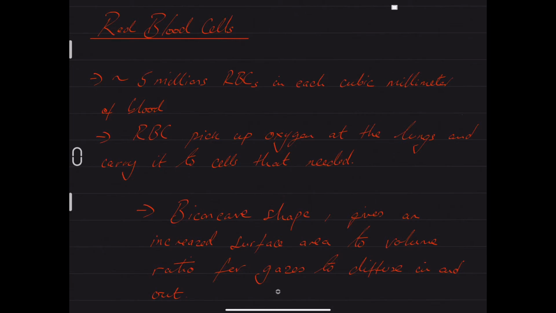So this specialized biconcave shape, which is disc shaped, gives a greater surface area to volume ratio for gases to diffuse in and out. So let's look at this biconcave shape.